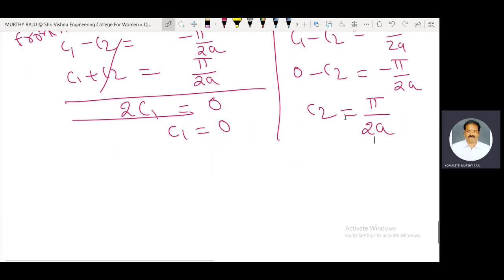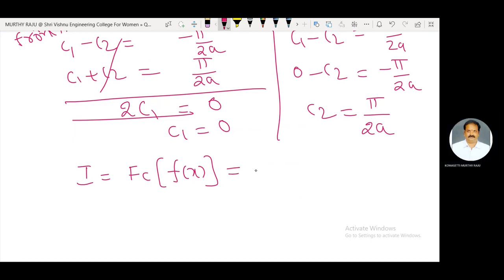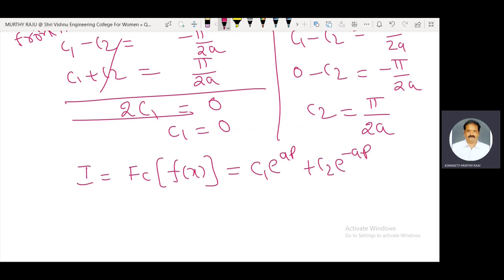The solution I is the Fourier cosine transform of f of x. Fourier cosine transform is c1 e power ap plus c2 into e power minus ap. But c1 is equal to 0, the entire term is 0.